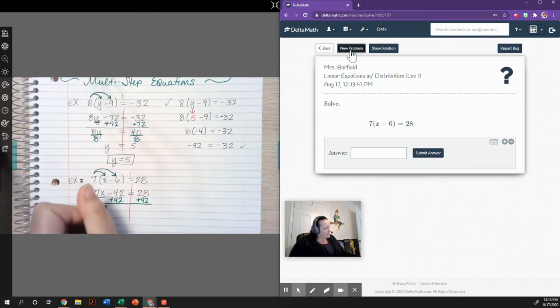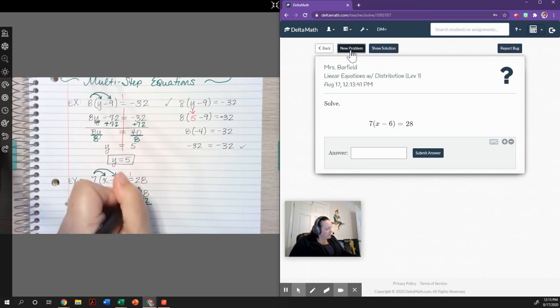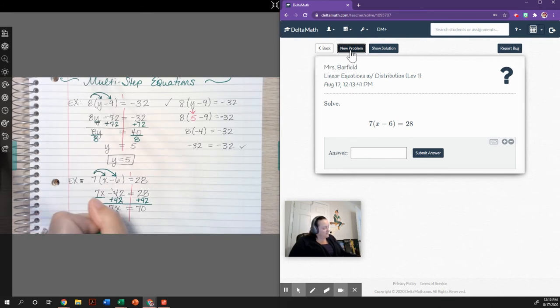So I bring down the 7x. Negative 42 plus 42 eliminates. And 28 plus 42, 0, carry my 1. So I get 70. Okay, so 7x equals 70. So 7 times x, the opposite of times is division.